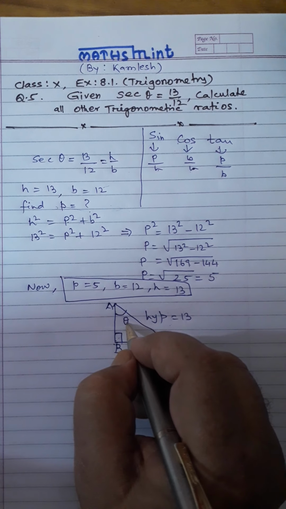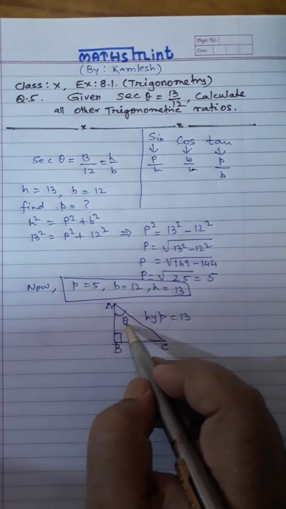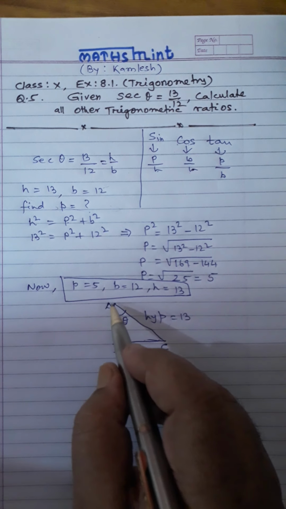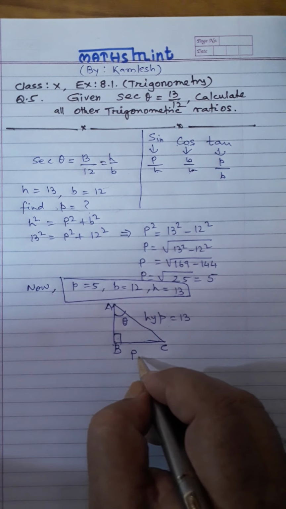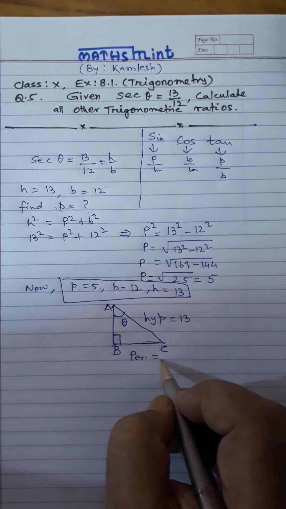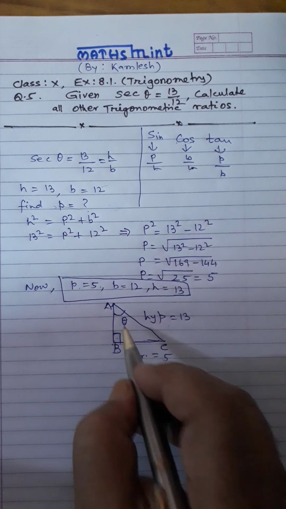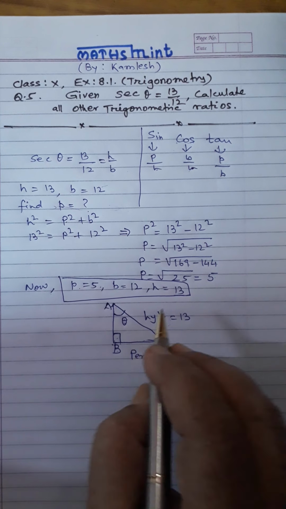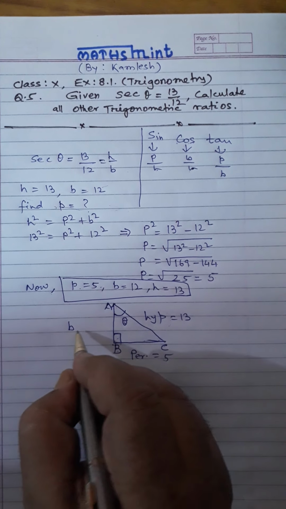The measurement of angle A is theta as given in the question, sec theta. So for angle theta, perpendicular will be BC. Perpendicular will be how much? 5. BC is opposite to the given angle theta, so it will be perpendicular. For angle theta, AB will be base.